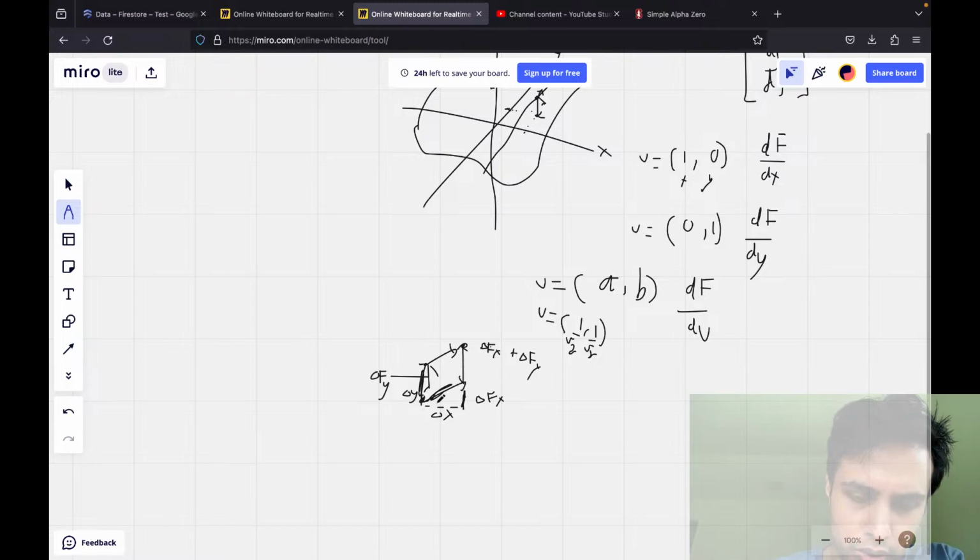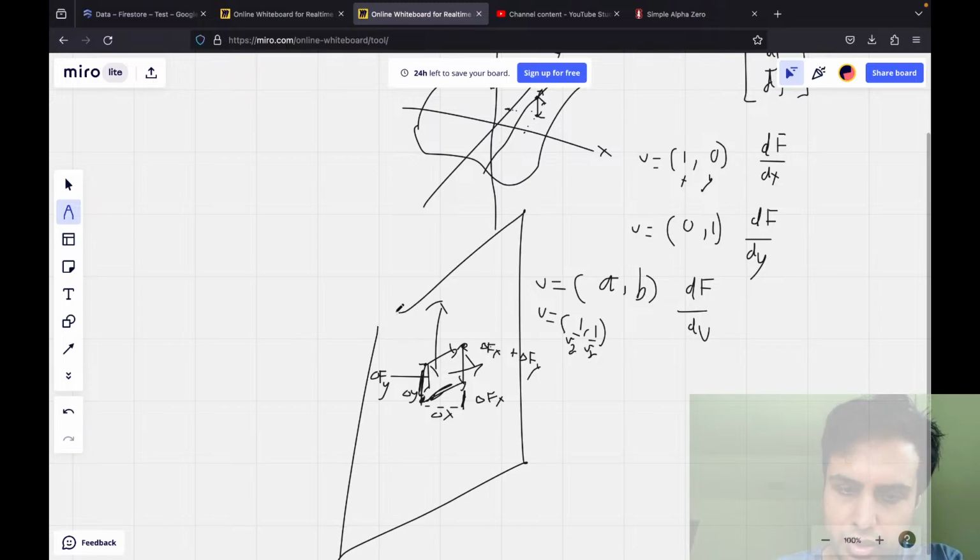Then we can use these two to create a plane. This whole thing stretches this way, that way, and creates an entire plane. So at this point right here, this plane is an approximation of the actual surface.